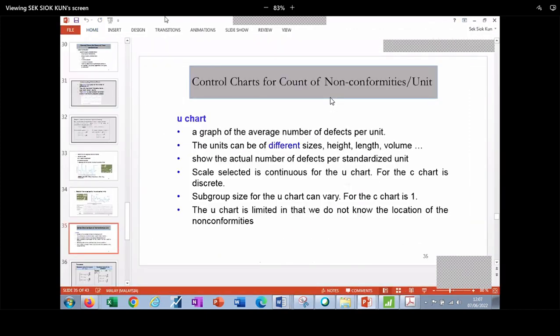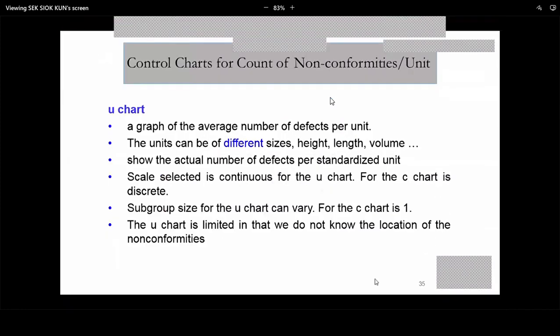Okay. So we have totally 4 types of attribute control chart. The last one is the U chart. Okay, a graph of the average number of defects per unit is a U chart. The unit can be of different sizes.